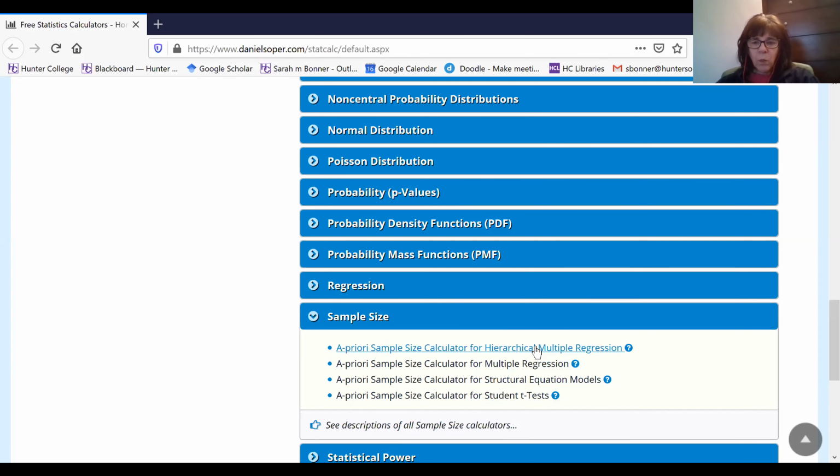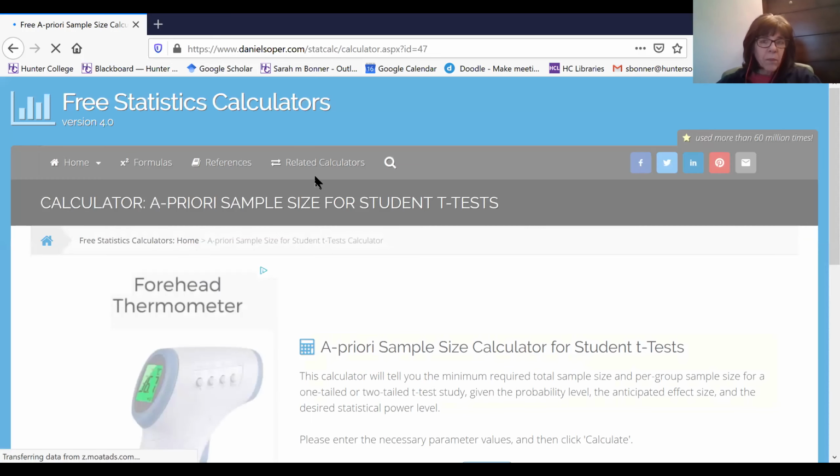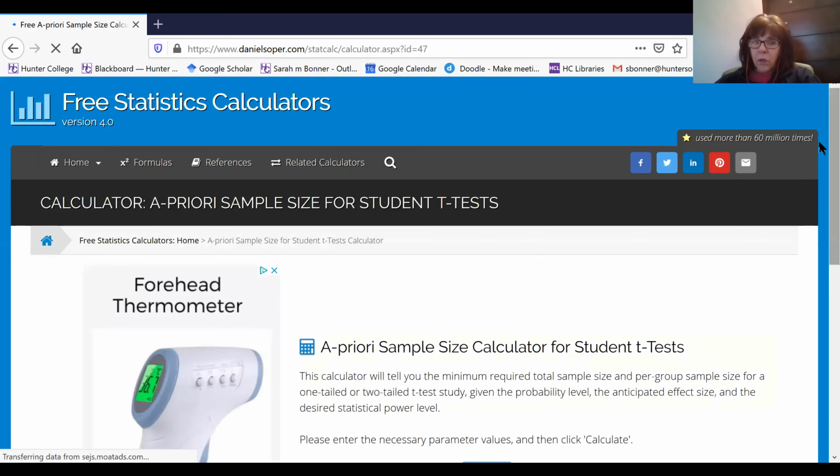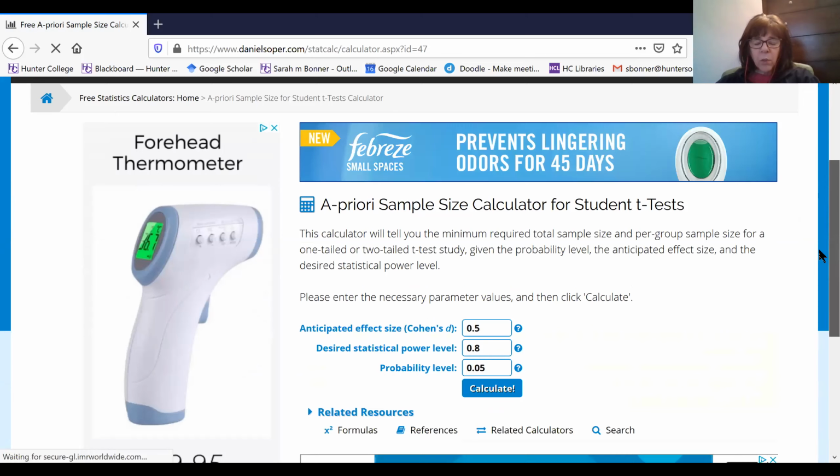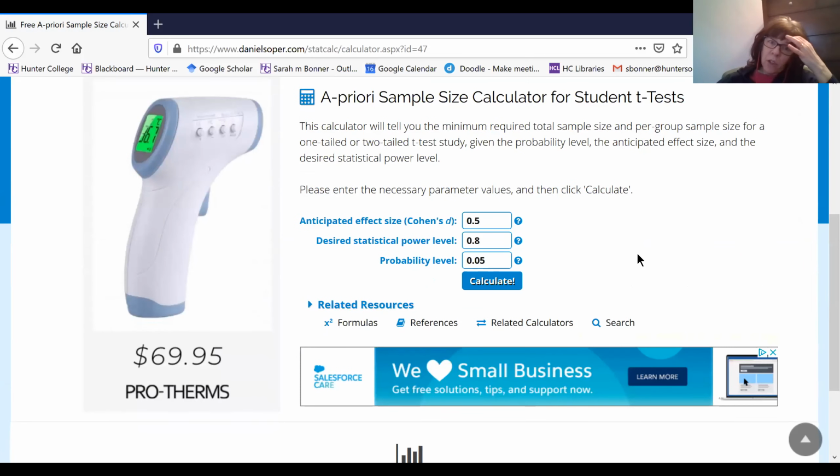So which one do we want? Well, we only have 2 groups, so we're going to be doing a t-test. And a priori, we want to find out before we collect the sample how large a sample size we want. So here we go. You have to give it this information.